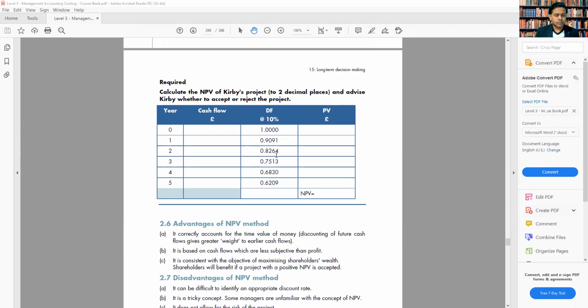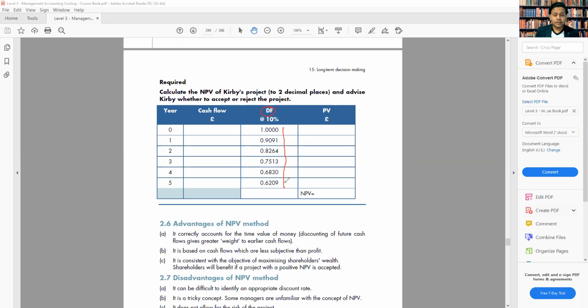Now, in this type of question, the DF or discount factor will be given in the exam. So when they ask you to calculate the NPV or the net present value, they'll give you the discount factor, because in AAT level, they will not ask you to calculate the discount factor. But in future, if you do your chartered accounting course, in that case, you have to know how to calculate the discount factor.